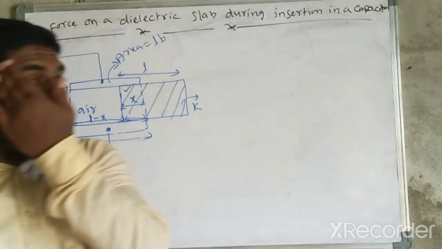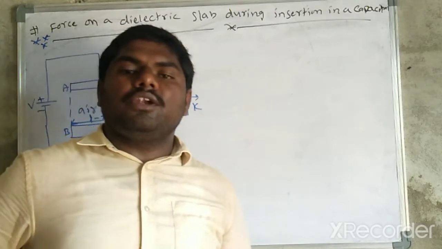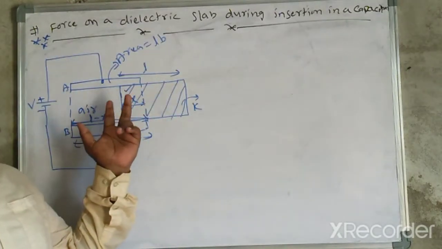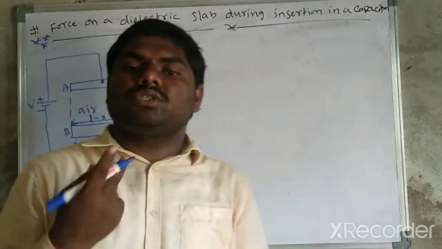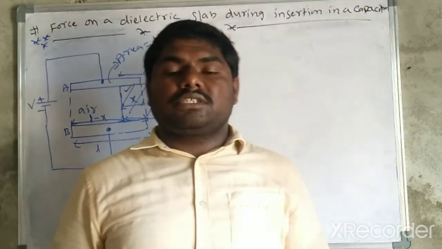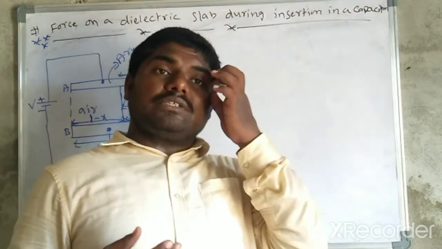Whenever there is a parallel connection, the equivalent capacitance is C1 plus C2, because here there are only two capacitors: due to the dielectric one capacitor, due to the air another capacitor. These two are equivalent capacitors, C1 plus C2. Here you may first find C equivalent.